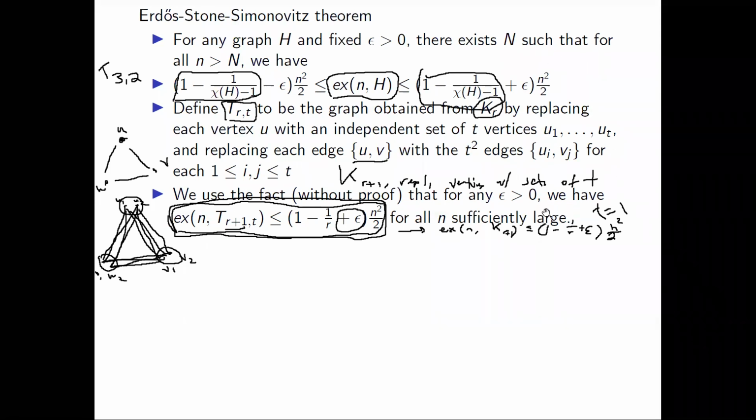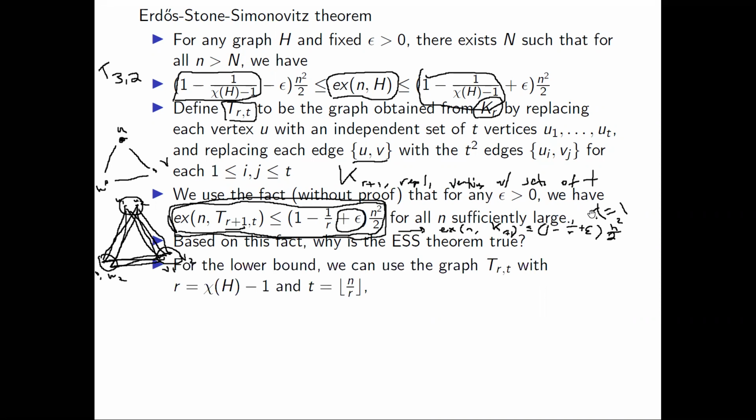And so we want to use this fact to see why the Erdos-Stone-Simonovits theorem is true. That's the question in that bullet. Why is the Erdos-Stone-Simonovits theorem true? For the lower bound, we can use the graph T_r(n) that we just defined, and we've actually seen this graph in class earlier.